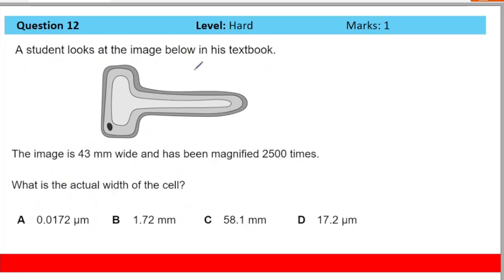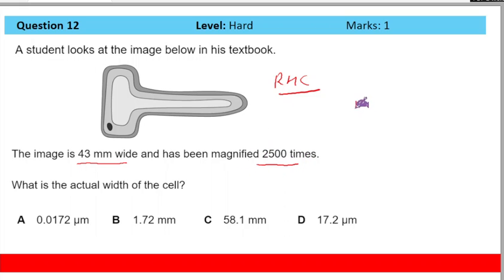Question number 12. The image below is in the textbook of students. Here you can easily understand this is a root hair cell. The image is 43 mm wide and it has a magnification of this much, 2500 times.